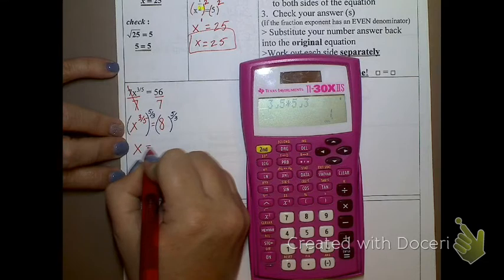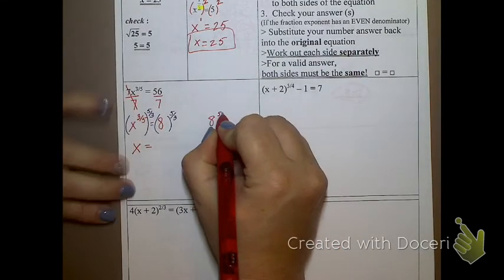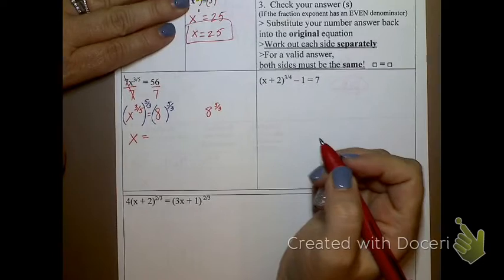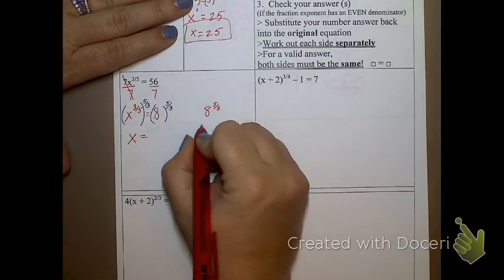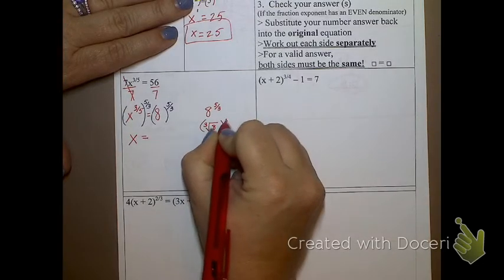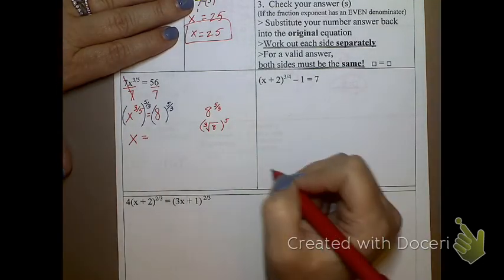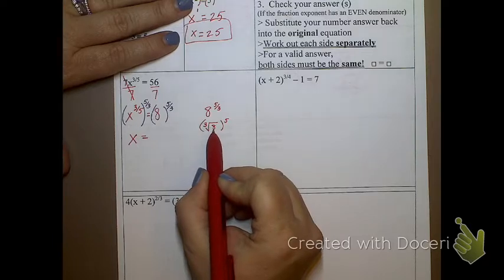Right? And then over here, I have 8 to the 5/3, right? Now I could either go to my calculator, or I could recognize that that's the cube root of 8 raised to the 5th power, if I were to change it to radical form. So what's the cube root of 8? 2.